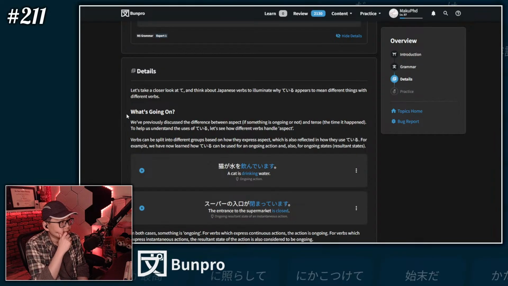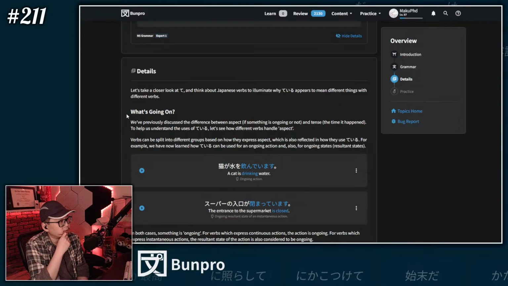Okay. What's going on? We've obviously discussed the difference between aspect, if something is ongoing or not, and tense, the time it happened. I adopted that word from the day before or yesterday, aspect. To help us understand the uses of teiru, let's see how different verbs handle aspect. Verbs can be split into different groups based on how they express aspect, which is also reflected in how they use teiru.